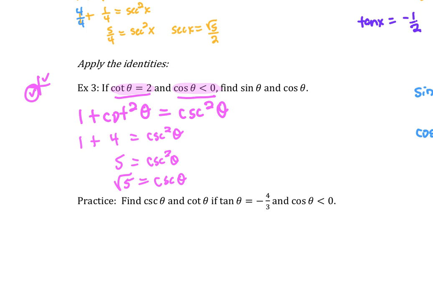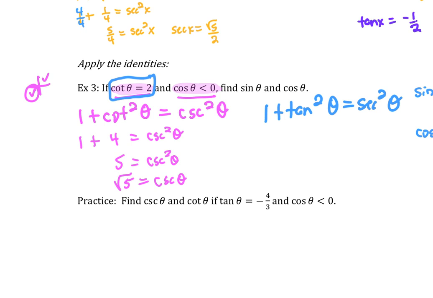And what would be different about that? 1 plus tangent squared theta is equal to secant squared theta. Think about how we use what we know about Ben's identity, but also what we know about this as a reciprocal. And then that's going to get us to our cosine.